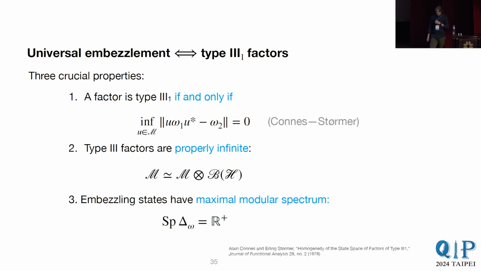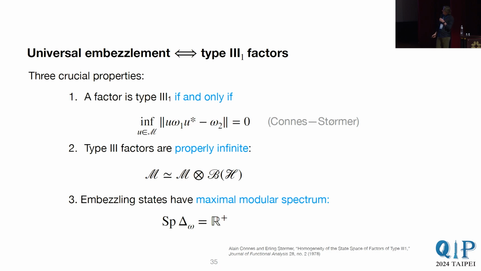First of all, we already learned that type 3 one factors are characterized by this trivial flow of weights. So the flow of weights is just this classical dynamical system, which consists in this case of one point. And of course there the dynamical system is trivial, everything is invariant, but you can also understand this in a bit more detail. And for this, these three properties are very important.